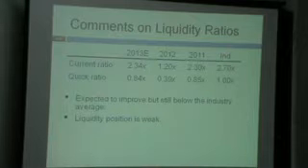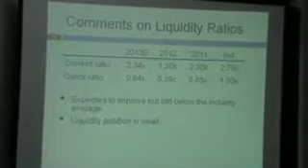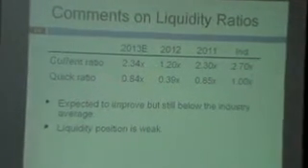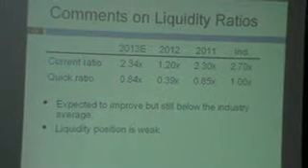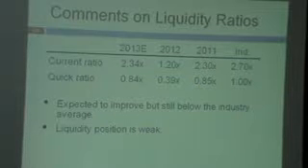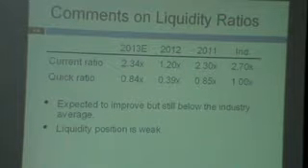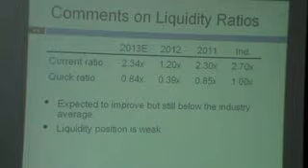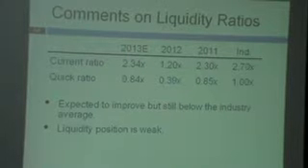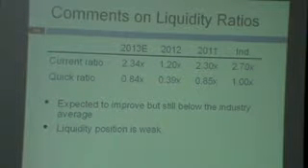Again, if you look at this slide, two types of comparisons can be made. One is the trend analysis, because the current ratio for 3 years and quick ratio for 3 years is given: 2011, 12 and 13. As far as the current ratio is concerned, it was 2.3 in 2011, it fell down to 1.2 times in 2012, but again it improved a little bit to 2.34.